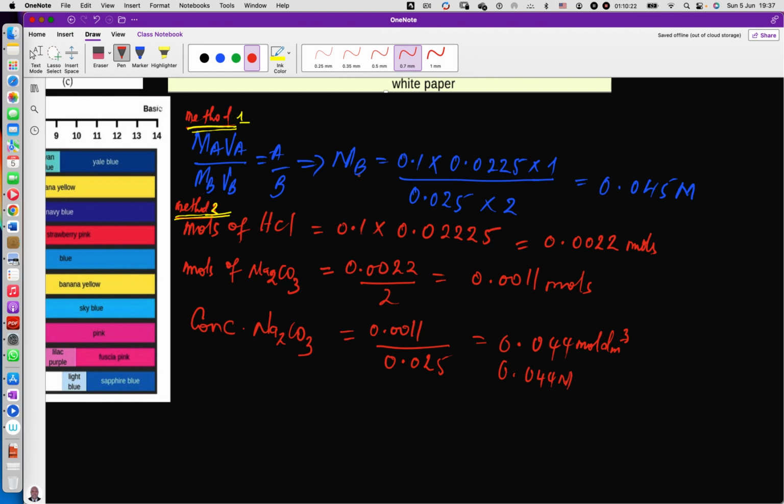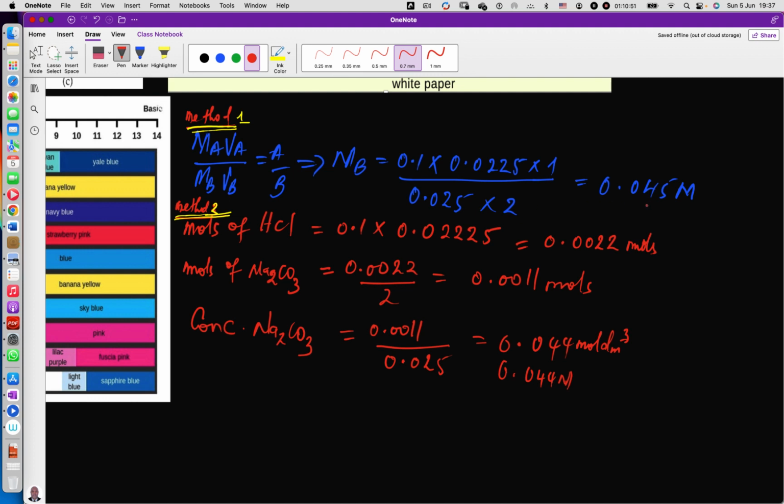All the volume must be in dm cube. You must convert the volume of the base and the volume of the acid in dm cube. So now we have converted Ma 0.1 times this, everything, the volume in dm cube, and this is our molarity of the base.